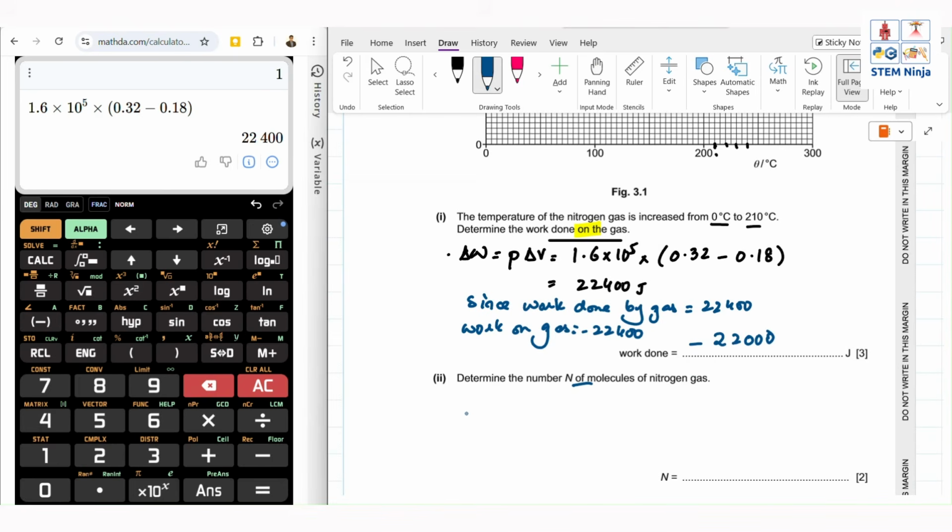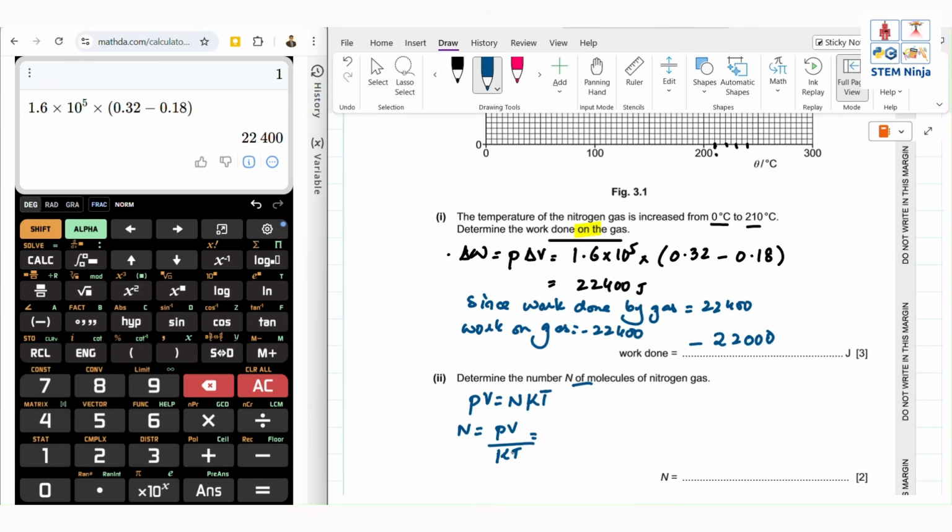So we can find this out. We have P, we have V, we have T. So we can use PV is equal to NkT. This is the state equation of the ideal gas. So N would be equal to PV over kT.